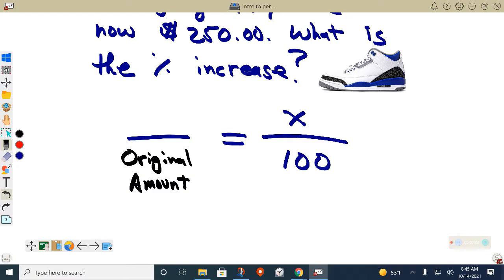Up on the upper left, instead of just the part, it's going to be the amount of change, the change increase or change decrease. The amount of change goes right here. Everything else is the same, except those two slight adjustments.